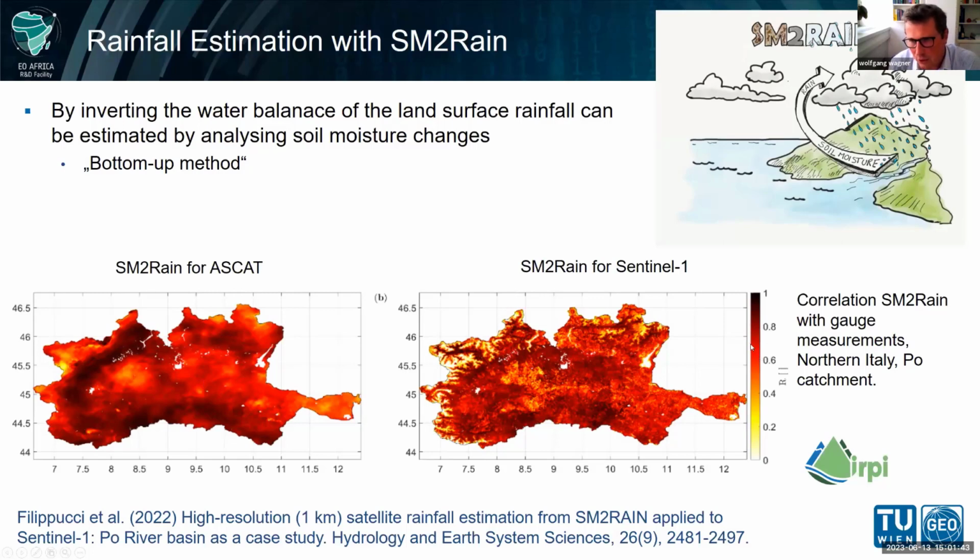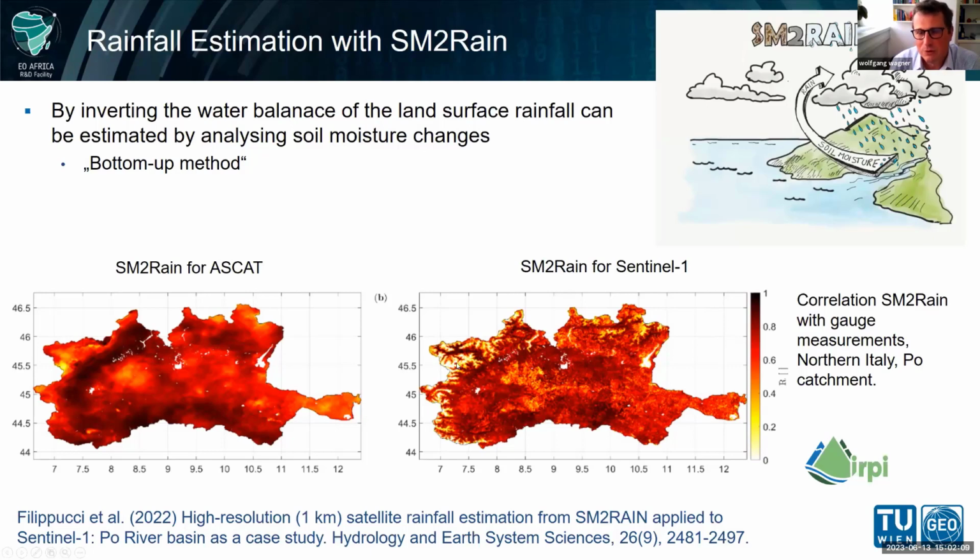So again, this is a correlation to independent measurements, where dark red means rather good correlation, and yellowish color in this case means very poor correlation. You see that overall ASCAT gives us rather good but coarser resolution rainfall data. With Sentinel-1, we see much more areas that have very poor correlation.